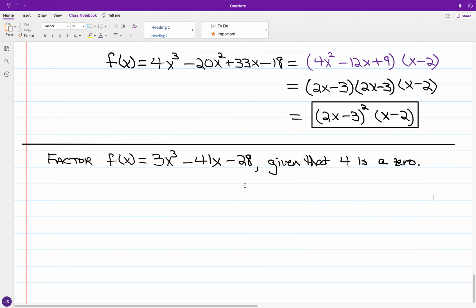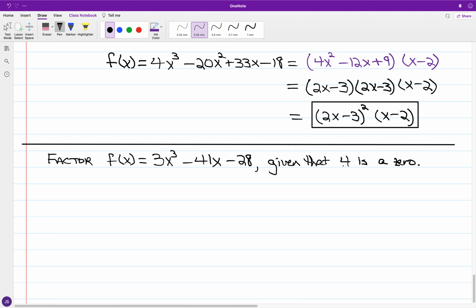For this item, we can set things up along the lines of synthetic division. We have that 4 is a 0. For the dividend, watch closely, we take the coefficients representing all the degrees in x. With f of x, we would have 3x cubed.